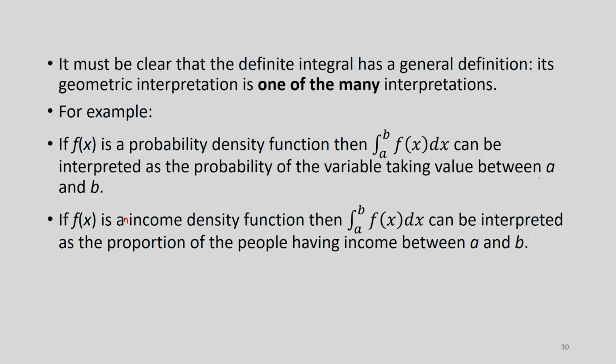We are going to talk more about that later on when we deal with income distribution and the application of definite integrals there. So if f(x) is the income density function, and I take the definite integral of f(x) within a particular range, a to b, then how do we interpret that number? It can be interpreted as the proportion of people having income between these two values, a and b.